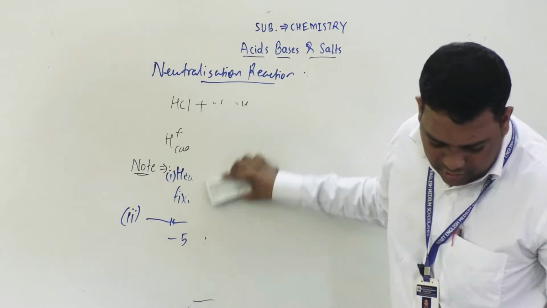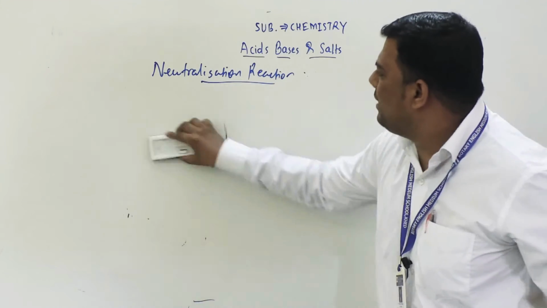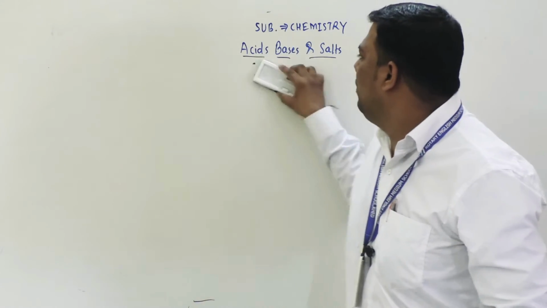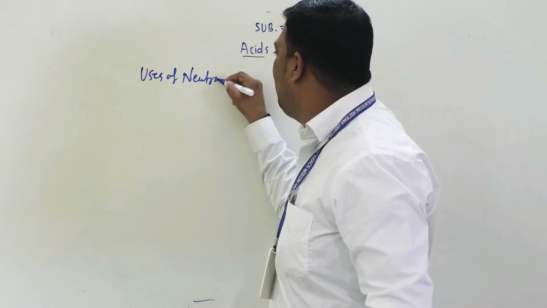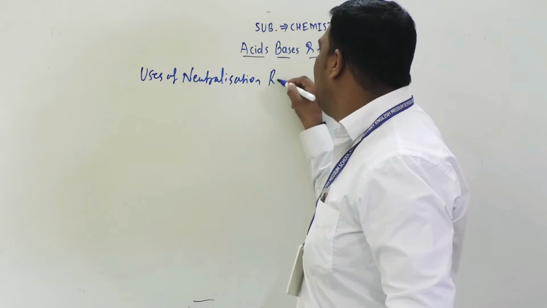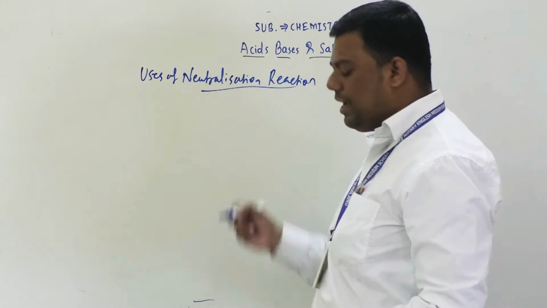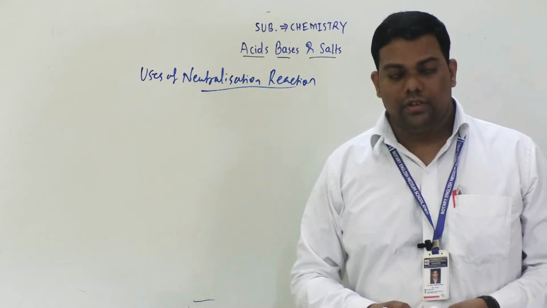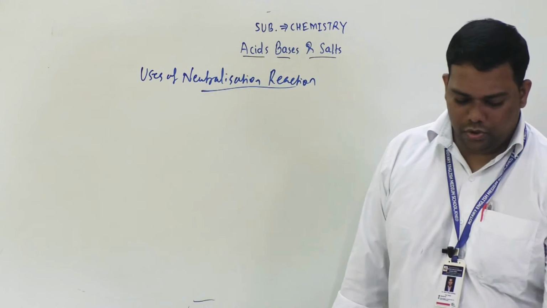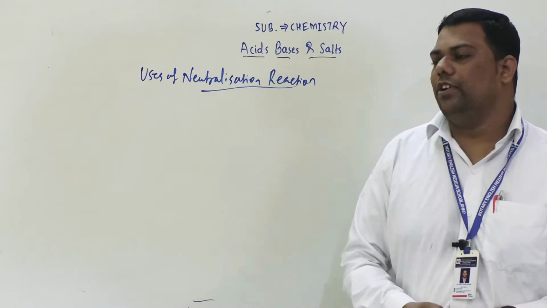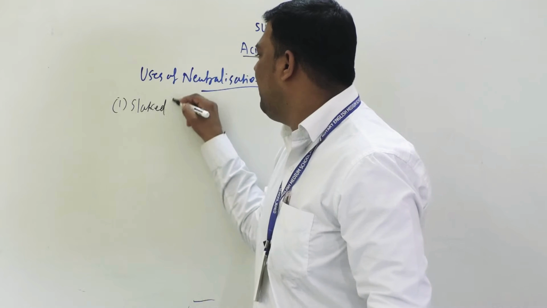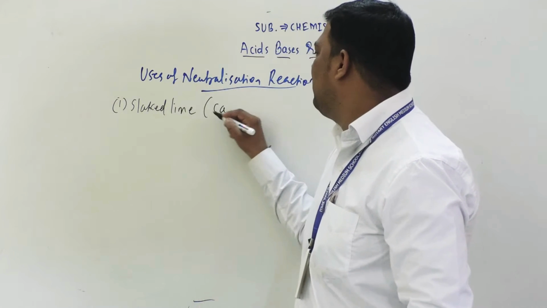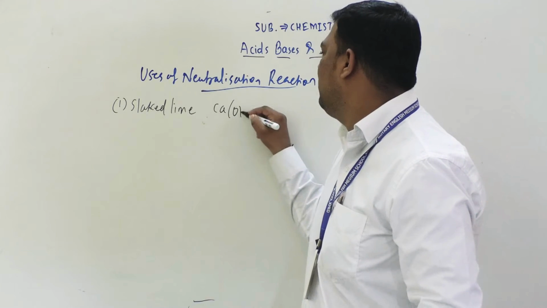Some uses of neutralization reaction. As you know, the neutralization products are salt plus water. First, slaked lime, which is calcium hydroxide.